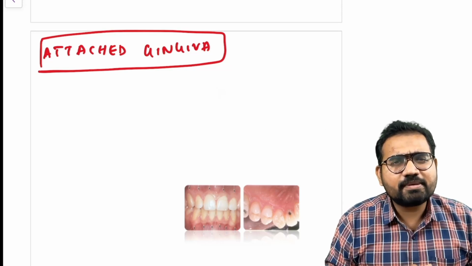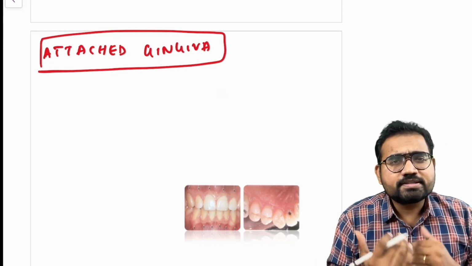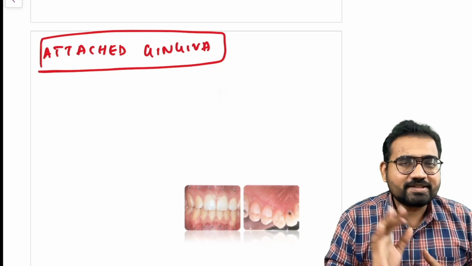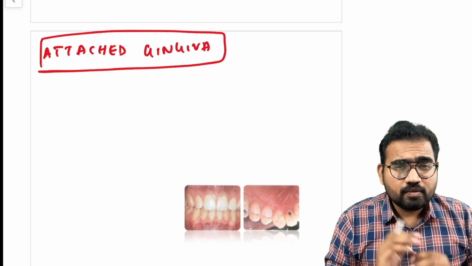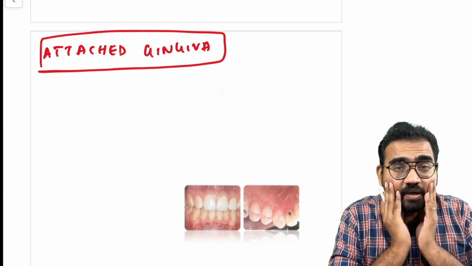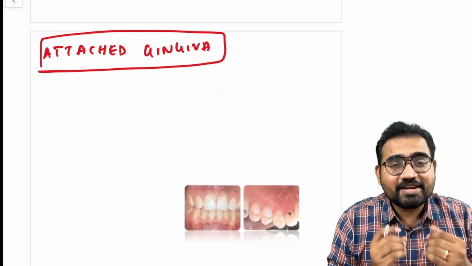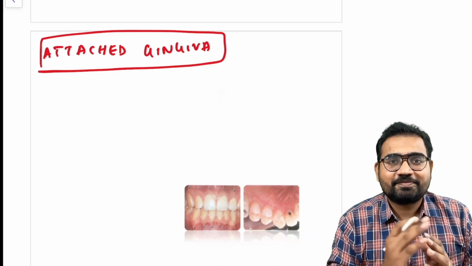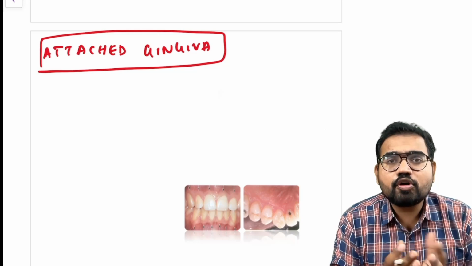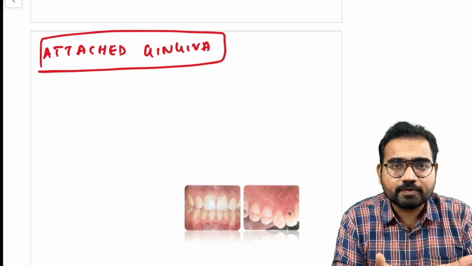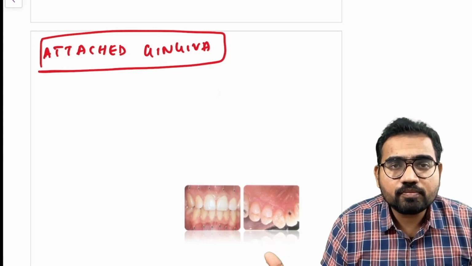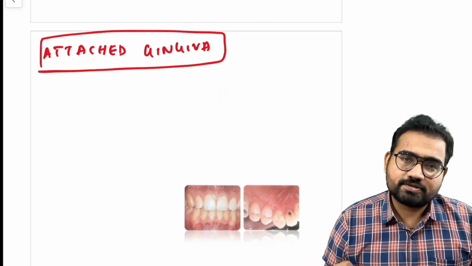Let everything be marginal gingiva, right? So that you can easily insert the probe and there is no need to calculate PPD and CAL, right? Very simple. Imagine when we are speaking and there is no attached gingiva. When I speak, if there is no attached gingiva, the entire gingiva is going to move. What will happen if the entire gingiva moves? Obviously there will be food entrapment, food lodgement, which will lead to pocket, which will lead to periodontitis, which will eventually lead to bone loss and tooth loss.